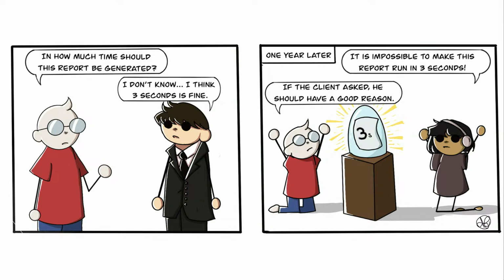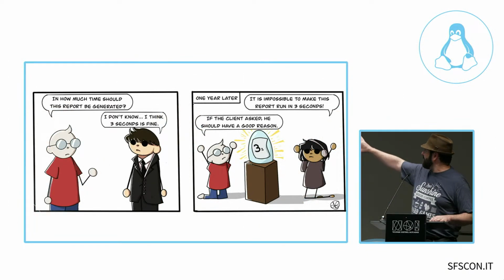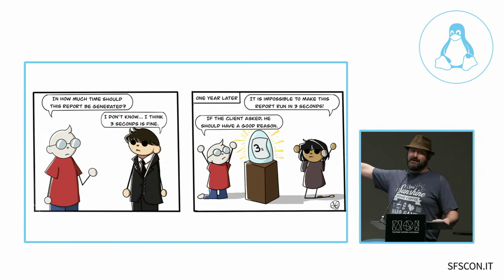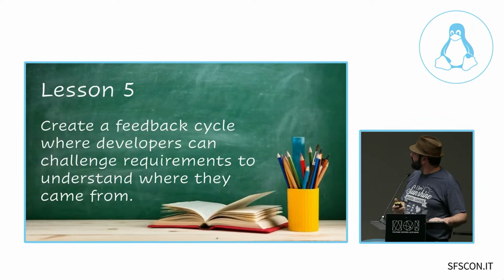People sometimes just take these numbers, and I have seen that in the end, maybe they managed to implement this, but after a lot of effort and cost, right? And maybe he doesn't actually need these 3 seconds. Maybe something else would be good too.